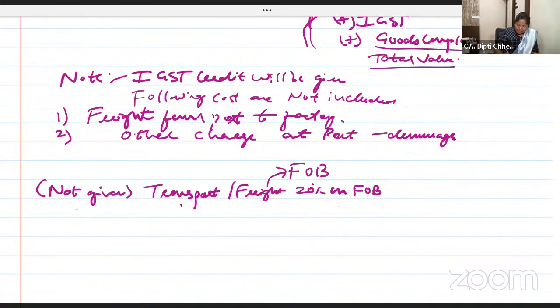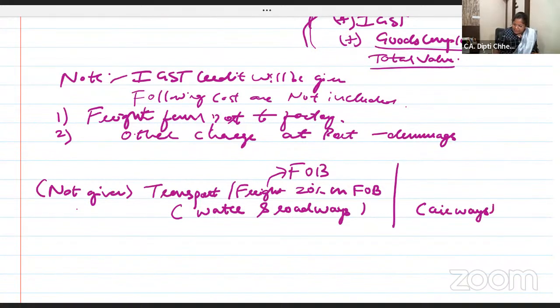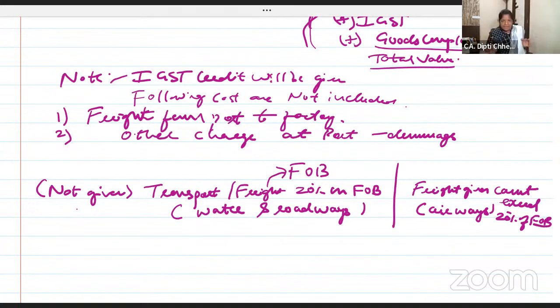In case of water and roadways. Ma'am, what about airways? In airways, even if freight is given, it cannot exceed 20% of FOB. I'm repeating.